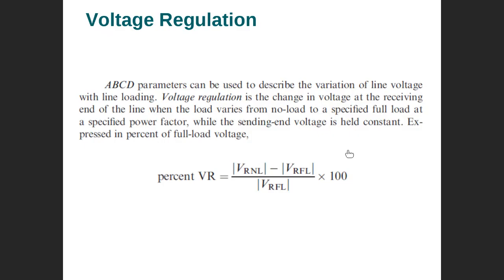They may reject having a factory, a shopping center, or any heavy load installed there. So the voltage regulation will tell you how far you go from the no load if you increase the load.